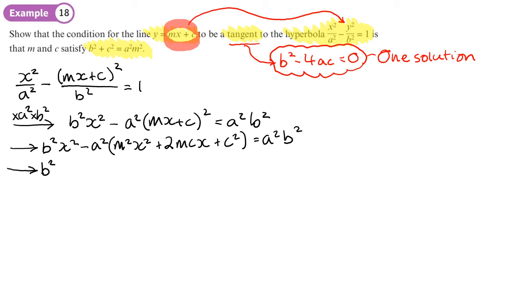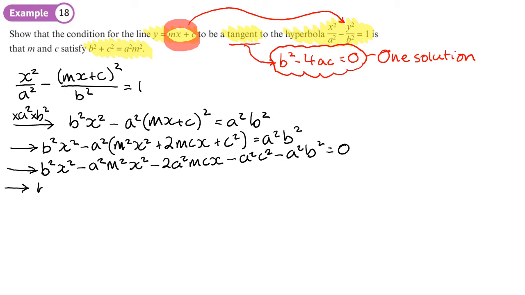Right, so b squared x squared minus a squared m squared x squared minus 2a squared mcx minus a squared c squared, and then minus a squared b squared equals 0. So if I write it, so I've got the coefficient of x squared all together, so that will look like this, because these are my x squared terms.